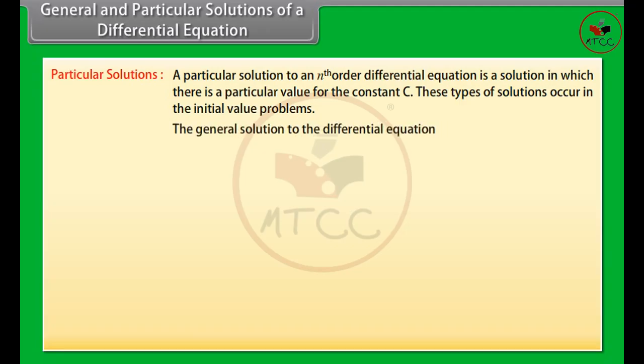The general solution to the differential equation dy by dx equals e raised to the power x minus 2 is y equals e raised to the power x minus 2x plus c, when y(0) equals 3.